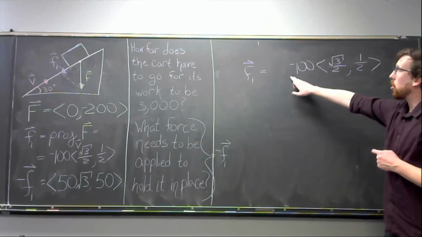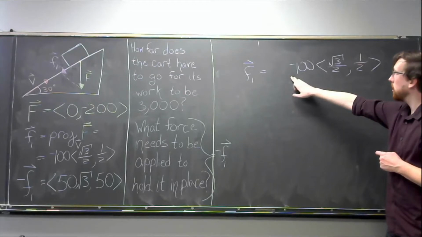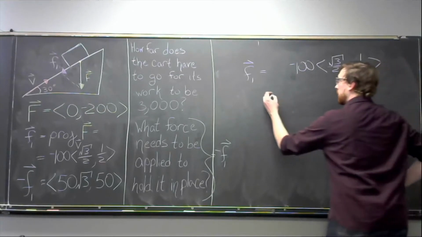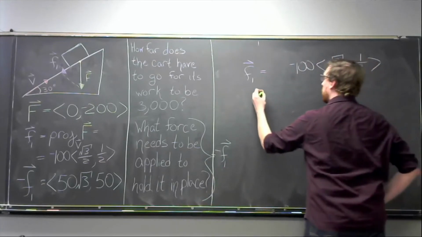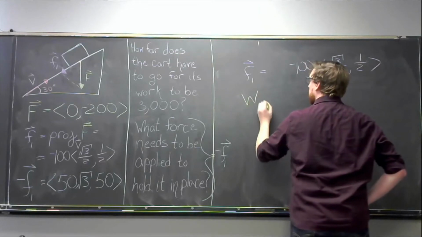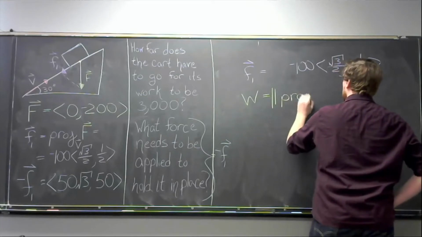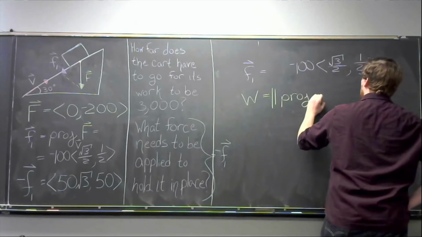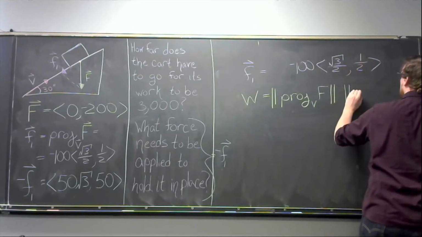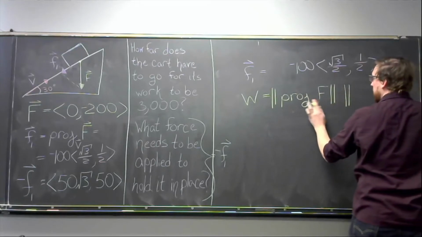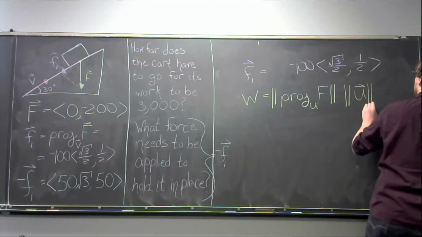So the magnitude of F1 is negative 100. So we already know a huge chunk of what we need to know, right? Because work is equal to the magnitude of the projection of our force onto V times the magnitude of whatever our vector is, right?